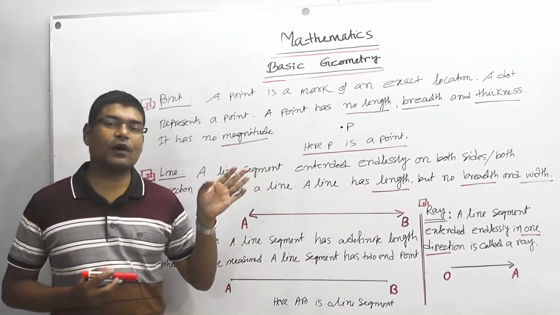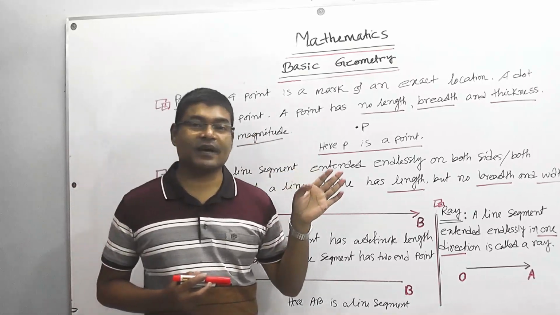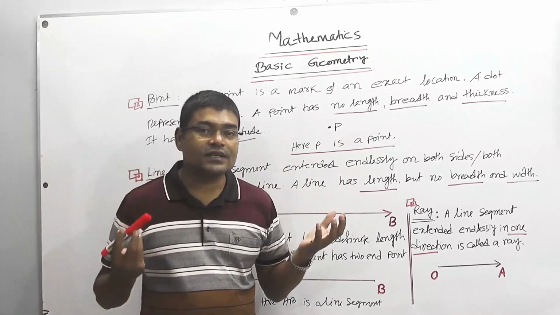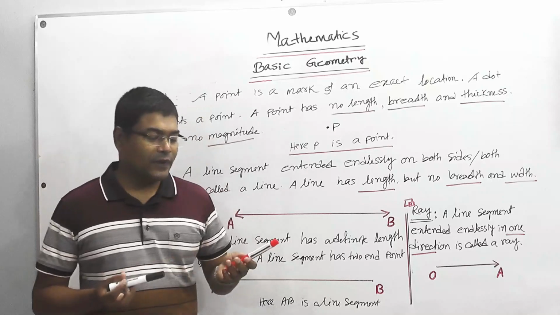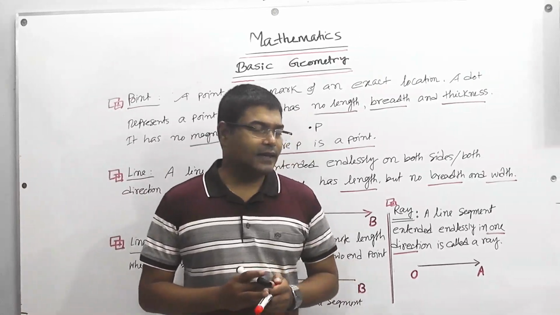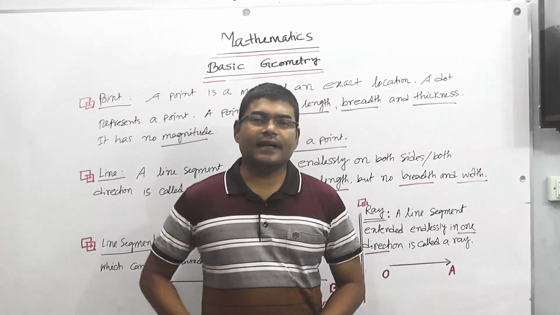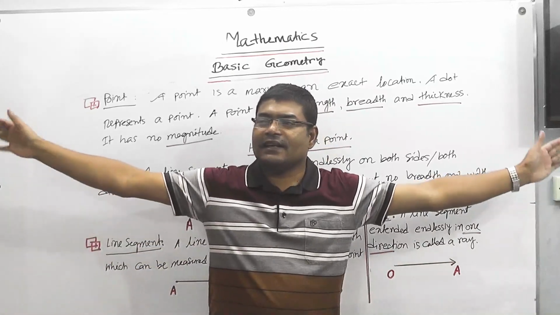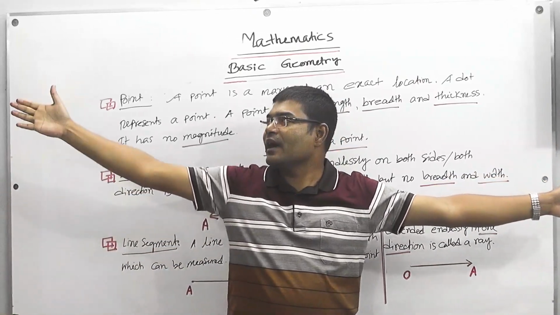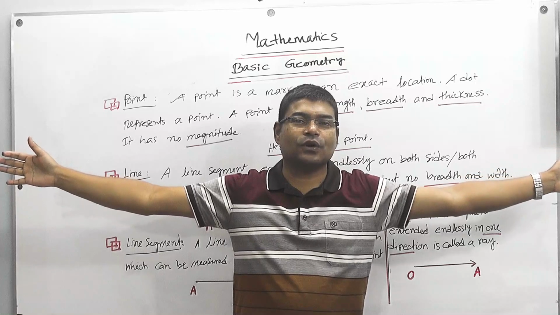Now you have to know the definition of line, line segment and ray. So what is called a line? You can see this is a line. My hands are open and this side is also open.